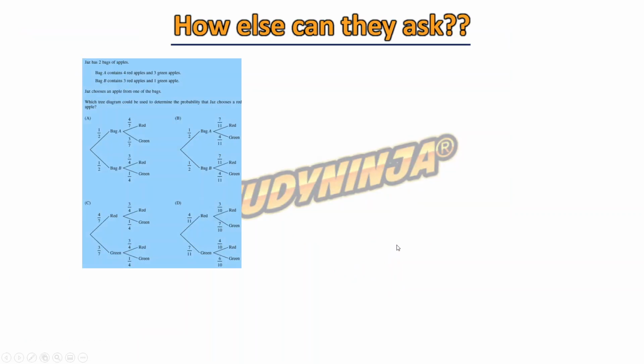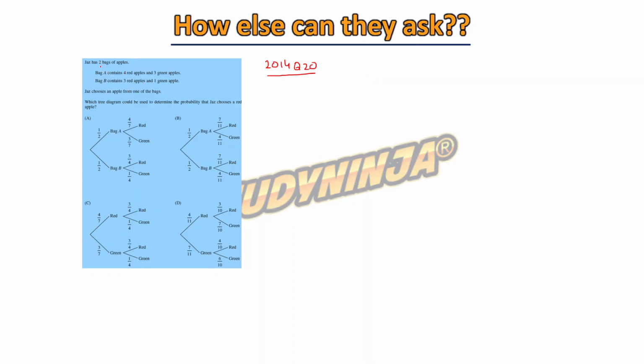Then I was thinking, okay, how else can they make it harder for you? And this popped up to me. This is a 2014 question 20. This is not asking what I just showed you, but I thought this would be a great example of how complicated the structure of our questions can be. So let me explain what this question is doing.